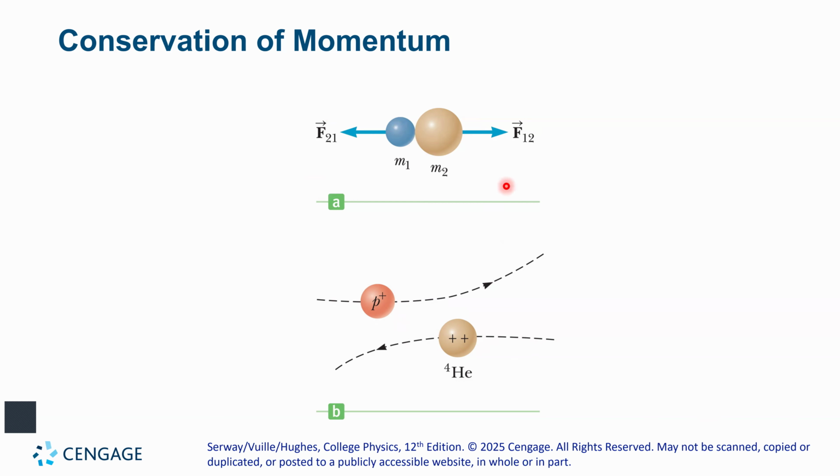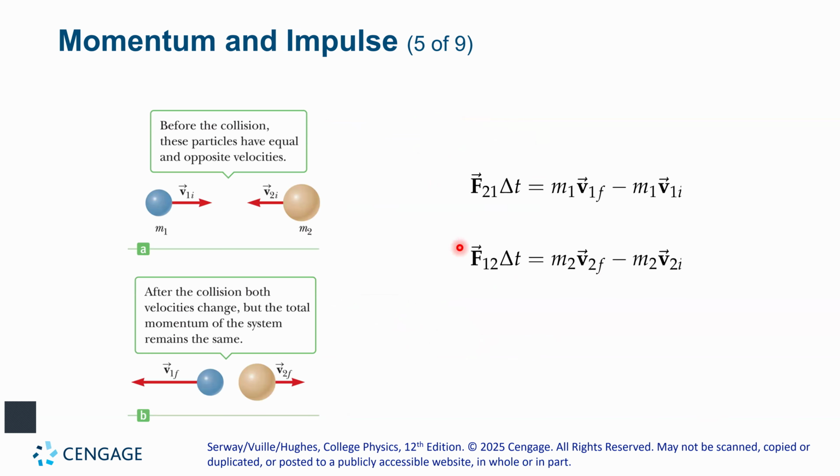Same as in case A, even though these forces will change the momentum of m1 or m2, the total momentum of these two will not change. So, as we said, the two forces between two particles are equal and opposite of each other.